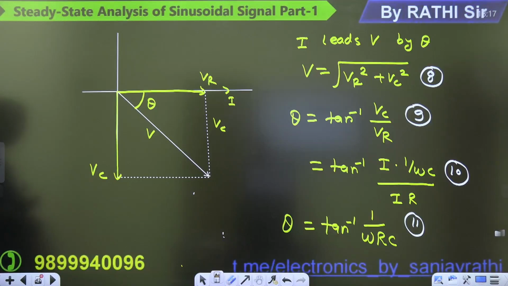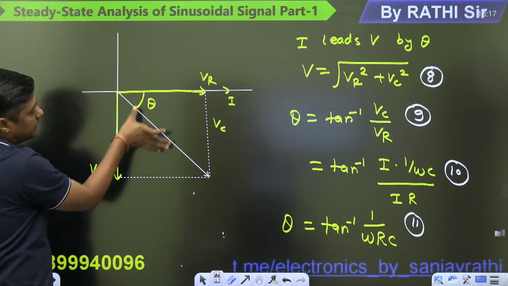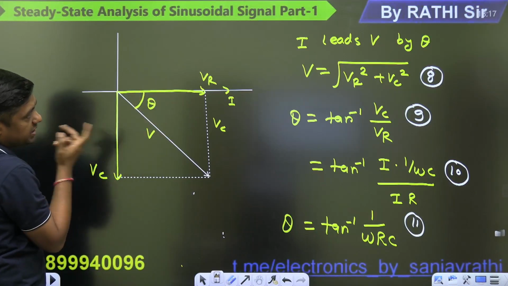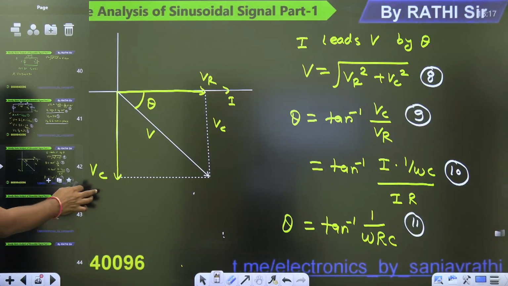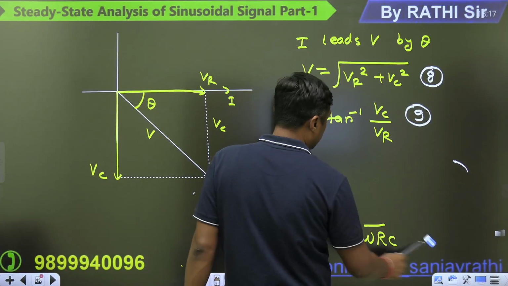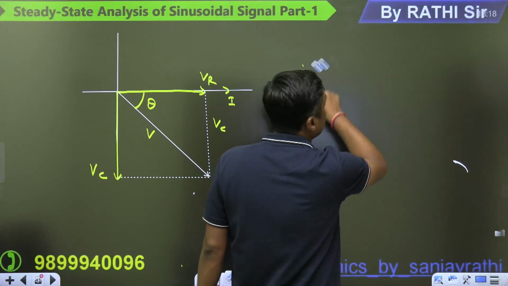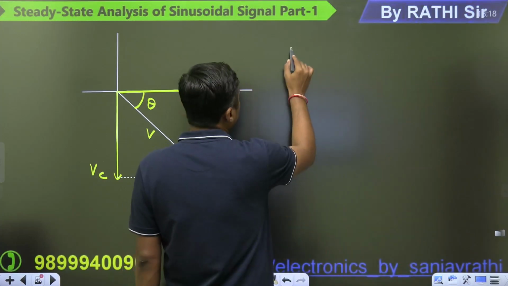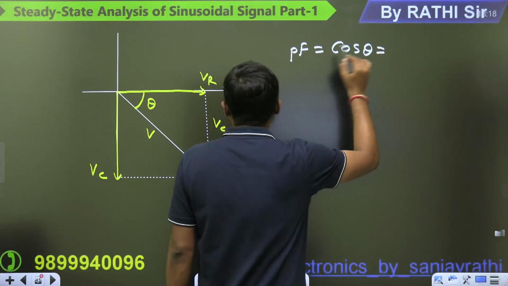Okay, if you again want the power factor cos theta, then it will become VR by V. VR by V, that is the same as R by Z. R by Z, guys. Does anyone want the power factor cos theta? What is the cos theta?